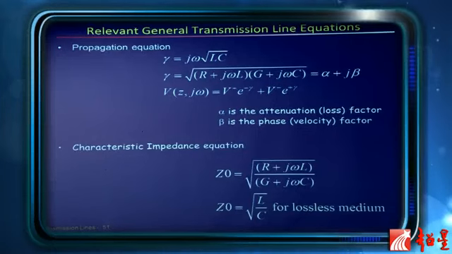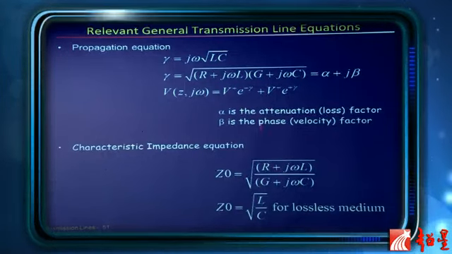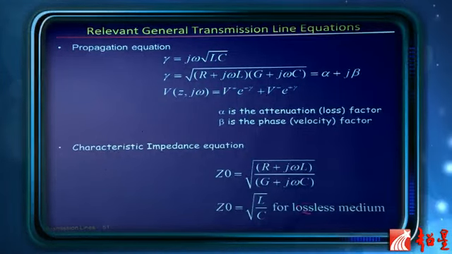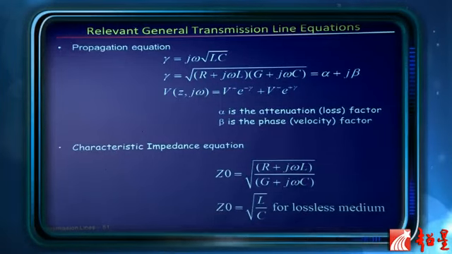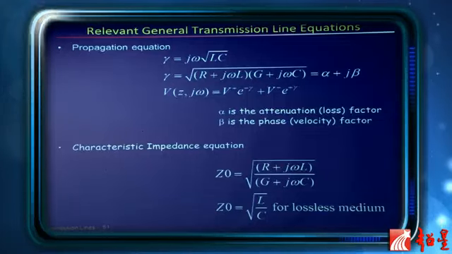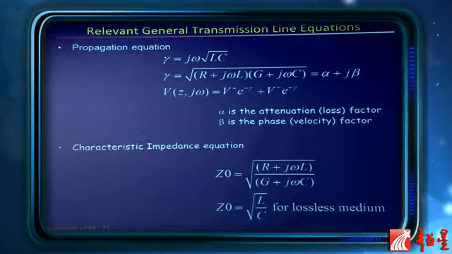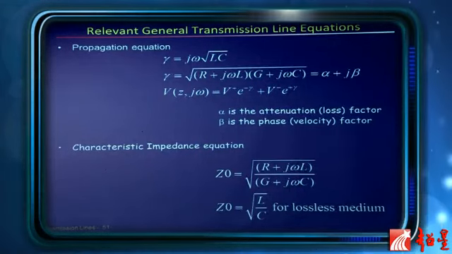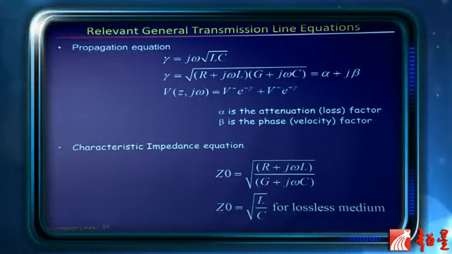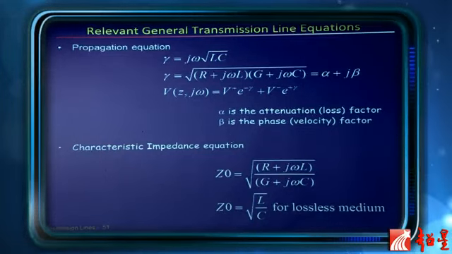But if you assume lossless transmission, so assume this line has no loss, then everything becomes very simple. This is the lossless transmission propagation equation. This is the lossless characteristic impedance. So we're going to assume everything is lossless, to make it easy.